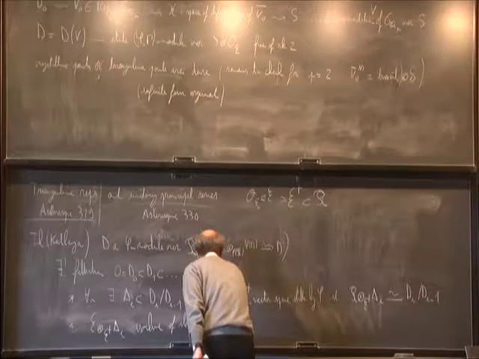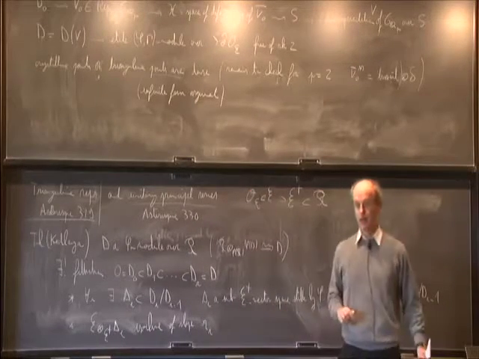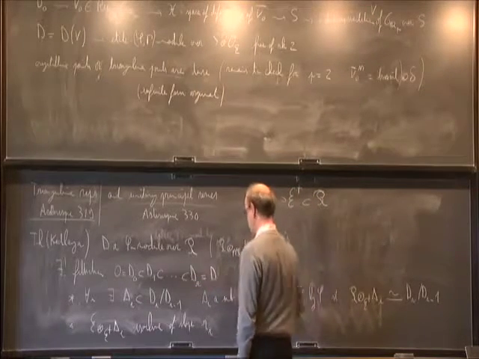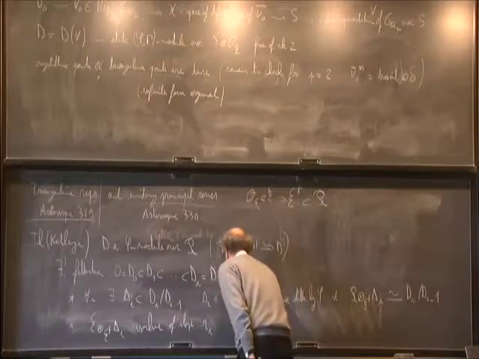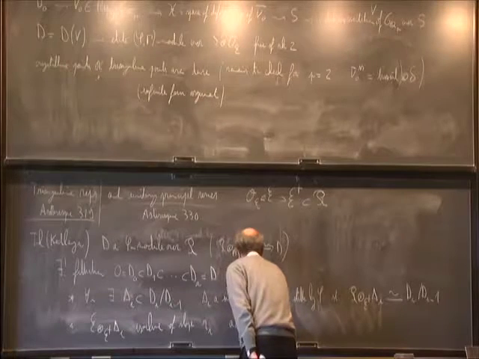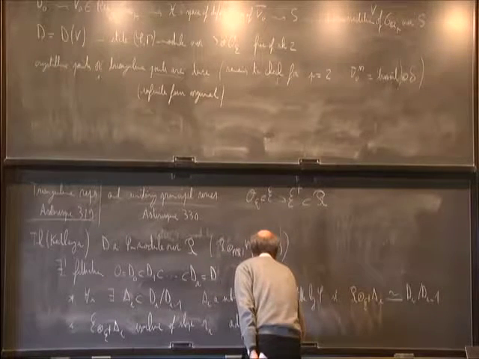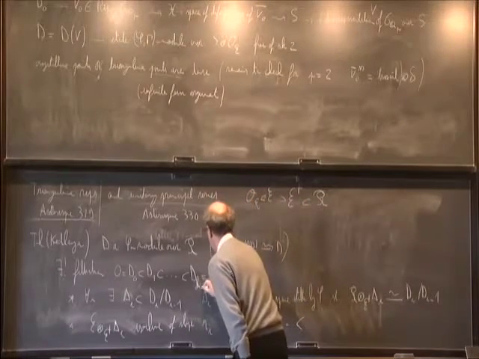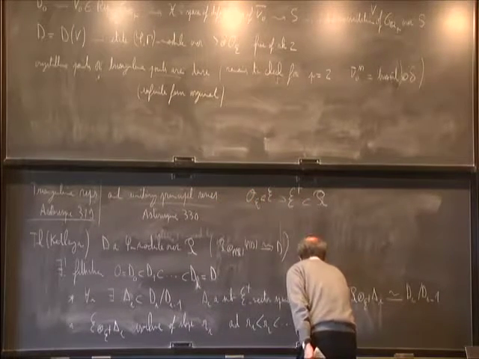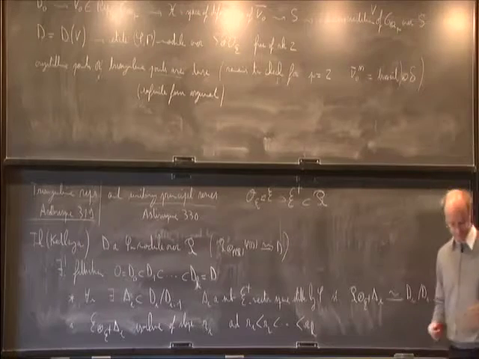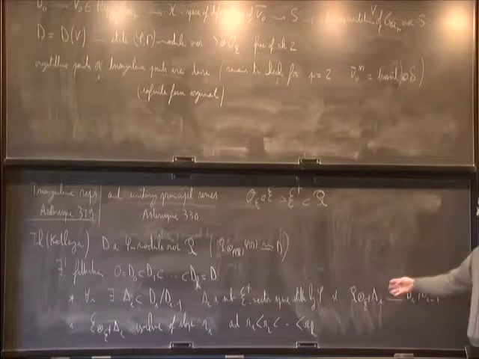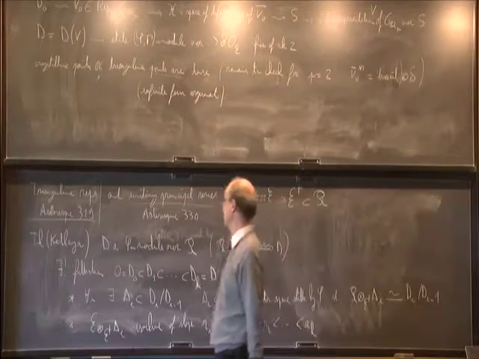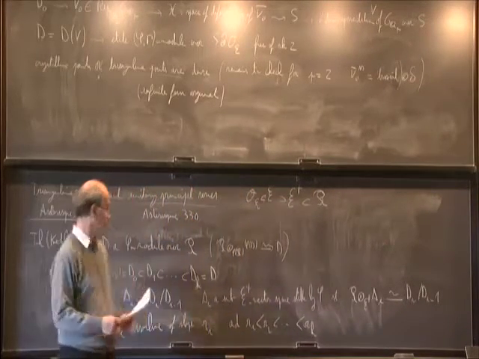Well, r_i. And you want that the slopes are in strictly increasing order. So r_1 is less than r_2, and so on. So this plays the role of the Dieudonné-Manin decomposition, but for phi modules over R.